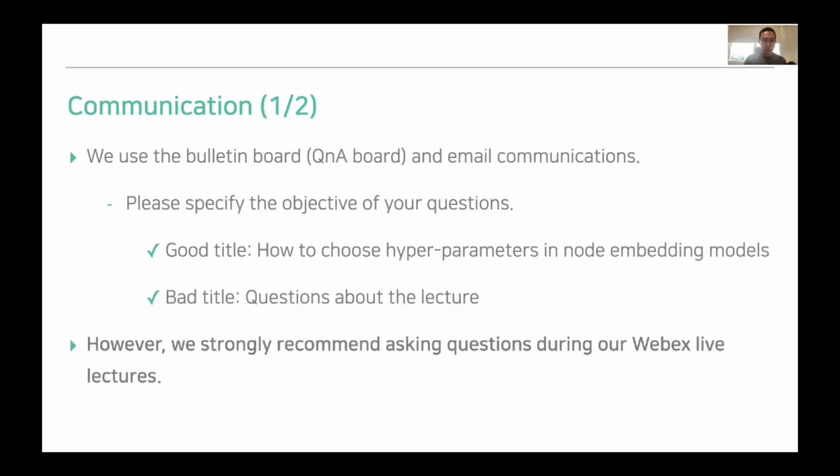About communication, we can use the bulletin board in iCampus, the Q&A board, and email communications. For that, please specify the objective of your questions. So here's a good title: how to choose hyperparameters in node embedding models. This is very specific and very good, right? What is a bad title?